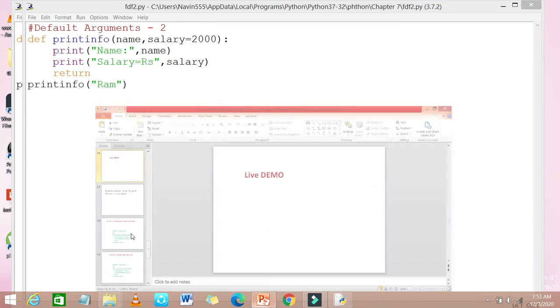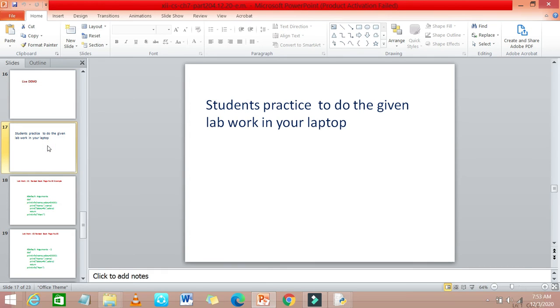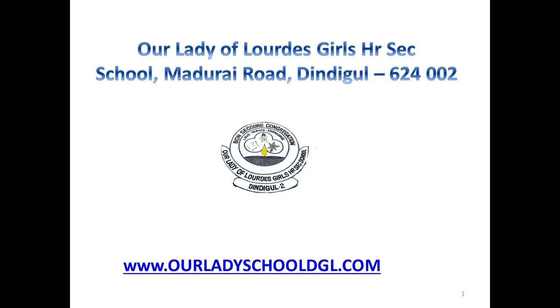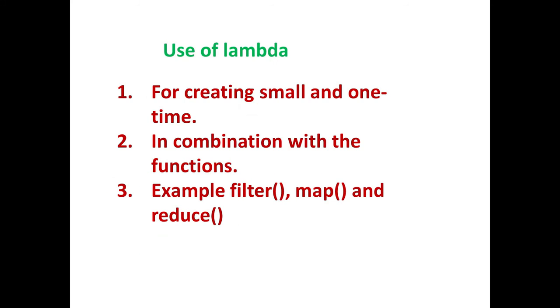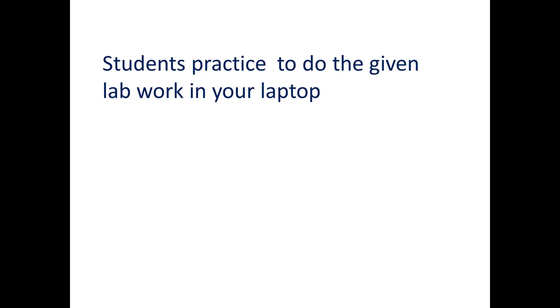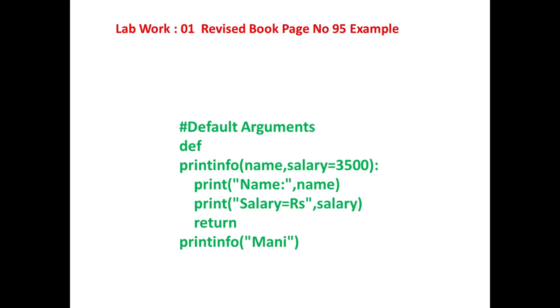Okay, now we continue. You see the above. Students, practice the given lab work. Live demo: students, practice doing the given lab work on your laptop. First I show the 4 examples.